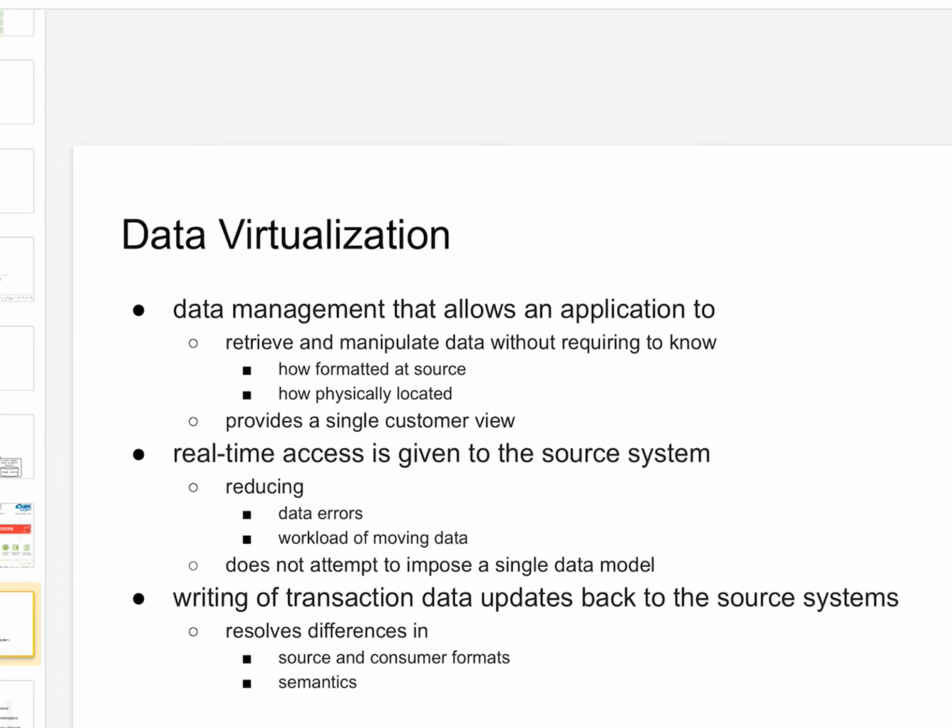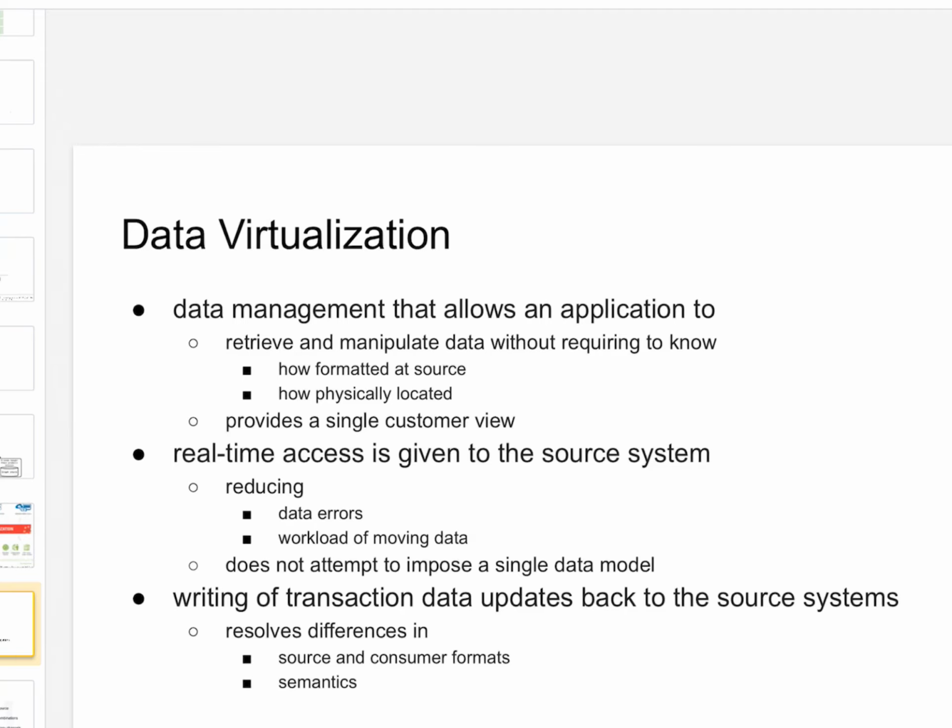The information should be available as soon as it is there in the source. So it would reduce data errors. It will reduce the workload of moving data. When we don't process on time, it piles up and would severely affect the decision making in an organization.